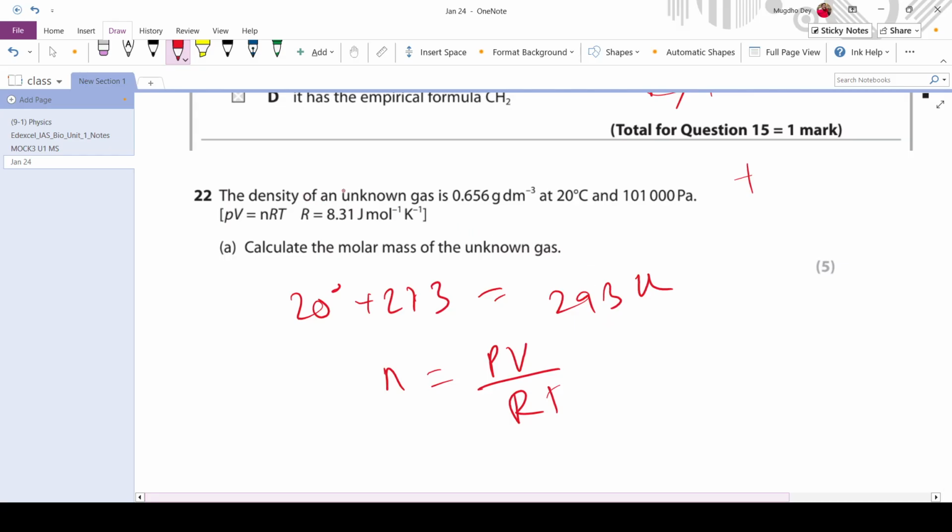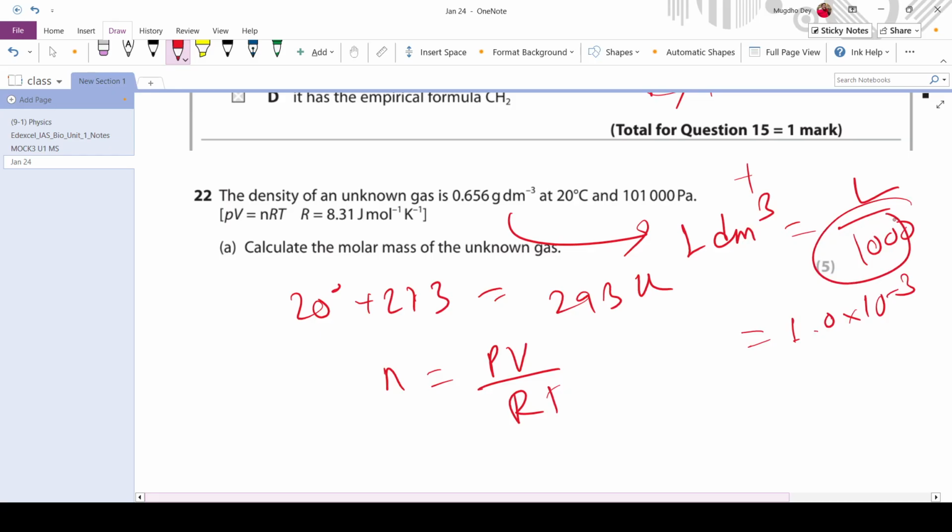They said the density of an unknown gas is 0.656 gram per dm cube. Per dm cube basically means that the volume is 1. And if you want to convert dm cube to meter cube, you just divide it by 1000, so that's 1.0 times 10 to the power minus 3.